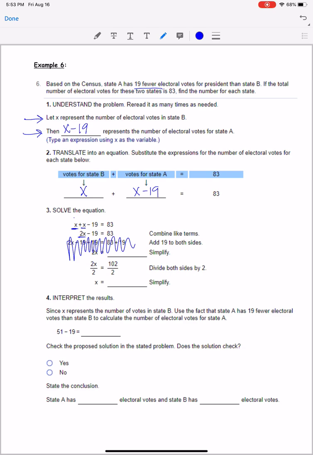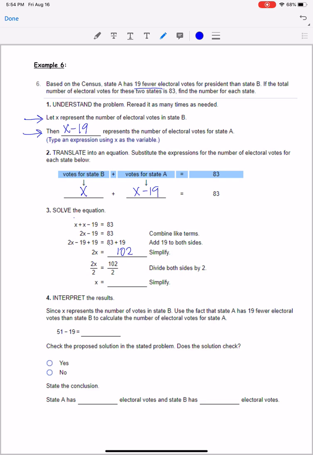What would you do to get X by itself? Well, the first thing you would do is add over 19. And so that's what they did. They just didn't do it directly under. Okay, they're doing it side by side versus under like we do it. Regardless, 83 plus 19 is going to give me 102.